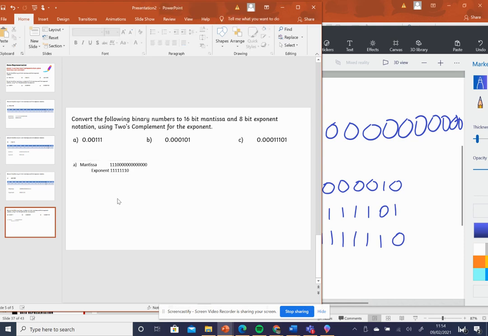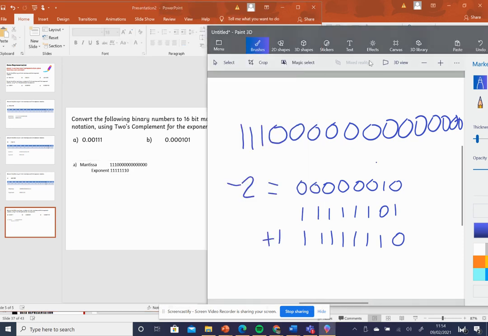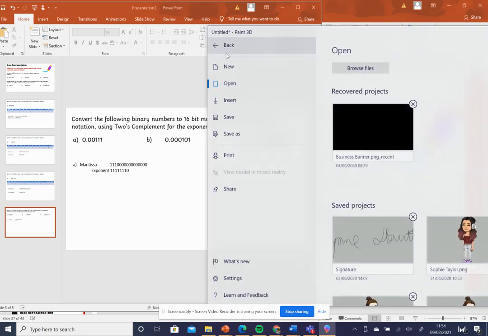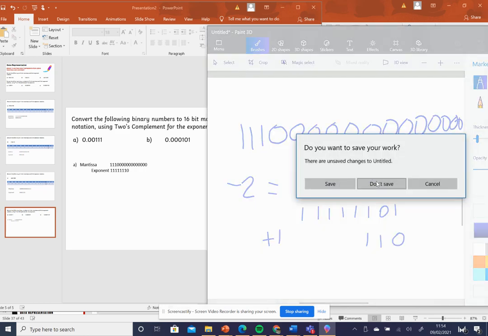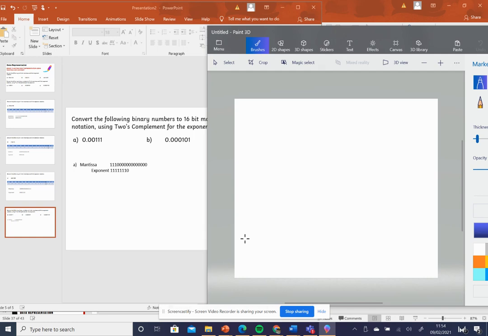So the second one, I'm going to do it in exactly the same way. Let me just get rid of this. That's going to take too long. This one is exactly the same as we did before. For my mantissa, it's just writing down the actual values that you've got there.